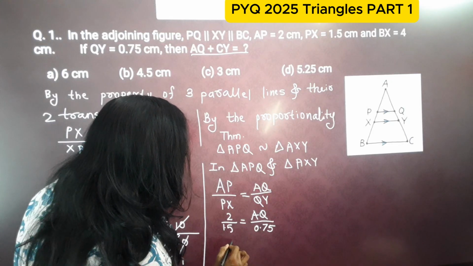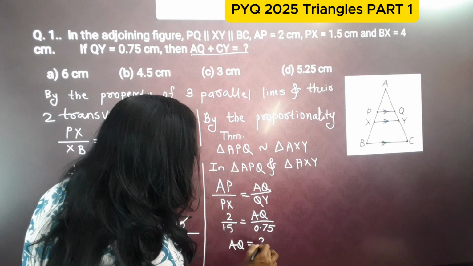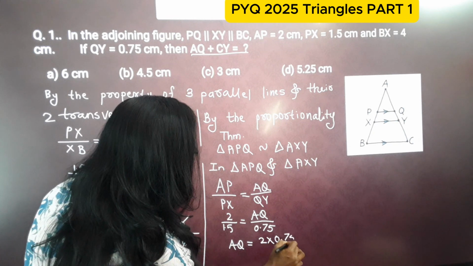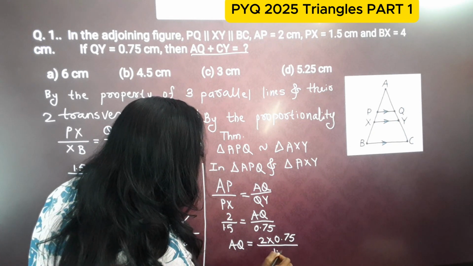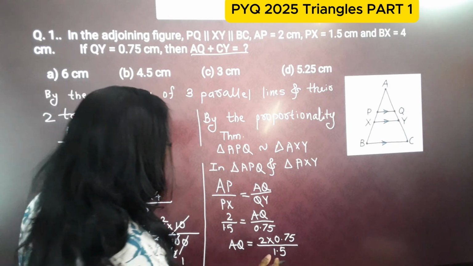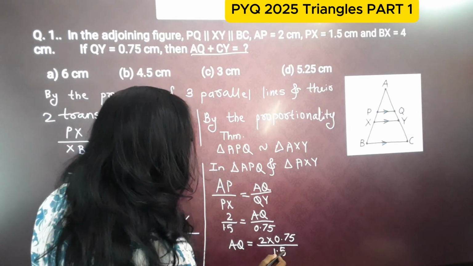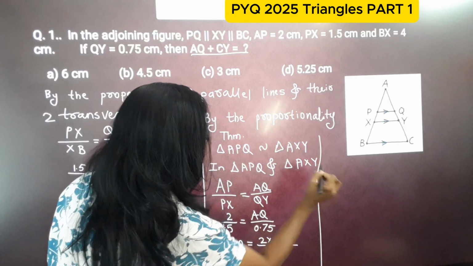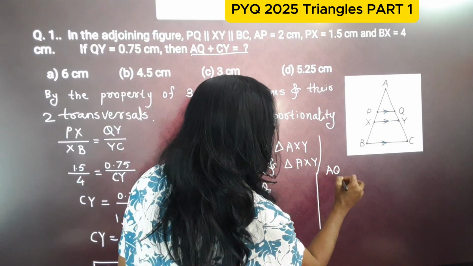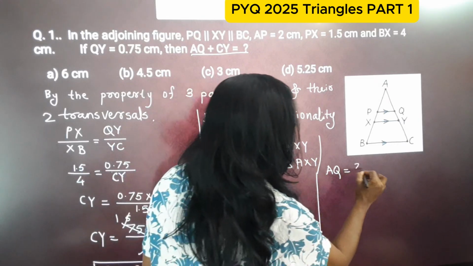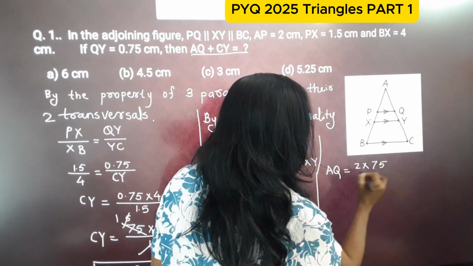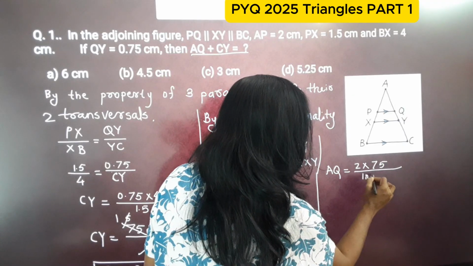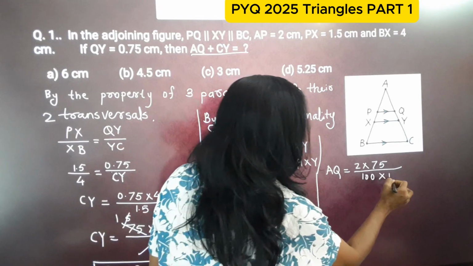Here AQ is equal to 2 multiply 0.75 divided by 1.5. So simplify it: AQ is equal to 2 multiply 75 divided by 100, and here that is 15, so multiply 10.